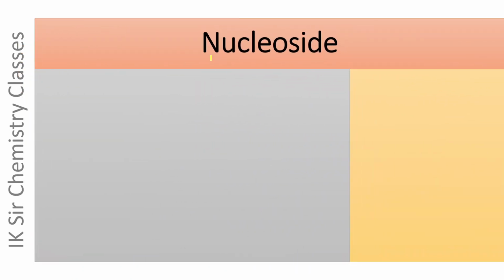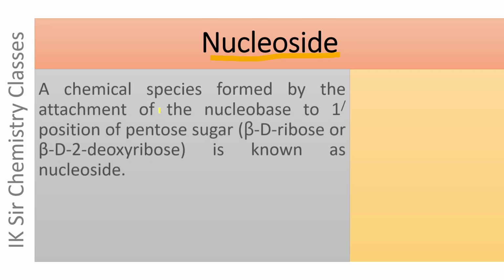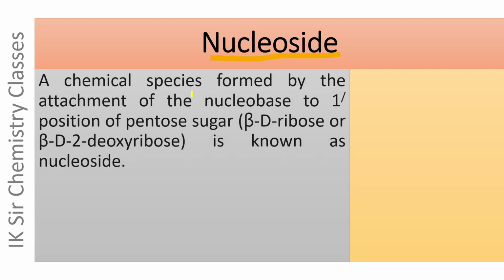Let us see the term nucleoside, a chemical species formed by the attachment of the nucleobase to 1' position of pentose sugar, beta-D-ribose or beta-D-2-deoxyribose. If it contains a nucleobase at 1' position, the chemical species obtained is called a nucleoside.